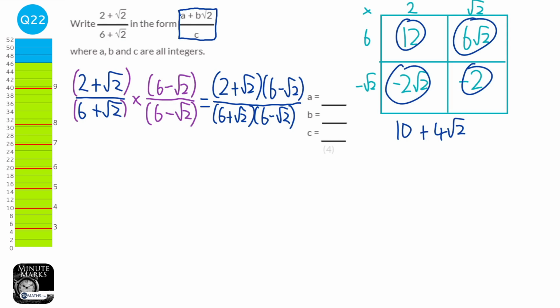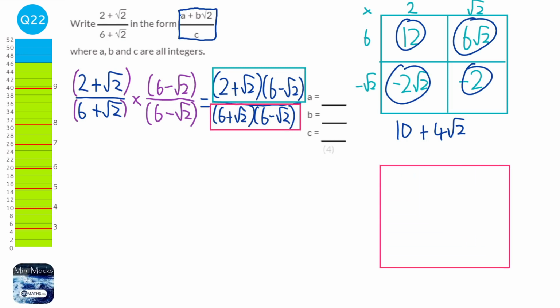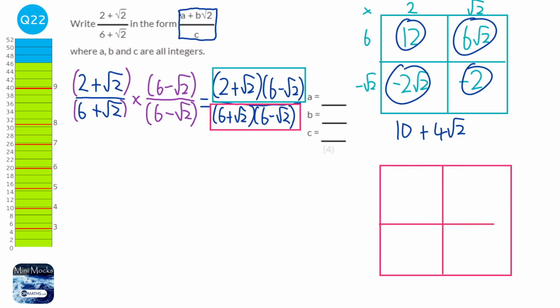And I'm going to now do the bottom one. So this one was this expansion here, and I'm now going to do this expansion here, and we're going to do it down here. And so we've got 6 plus root 2 and 6 minus root 2.